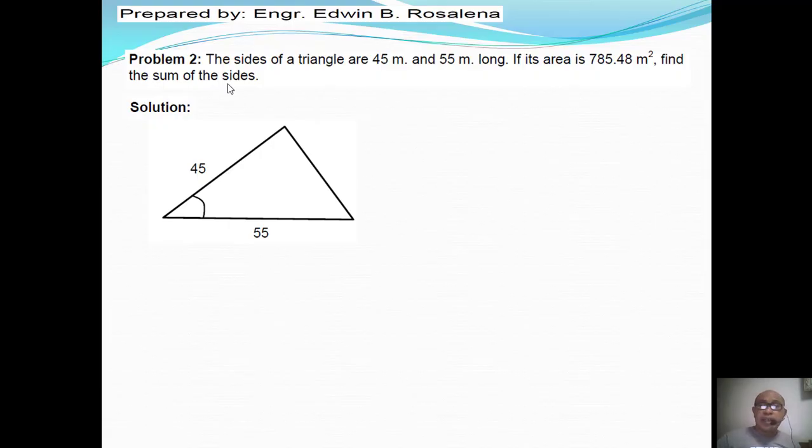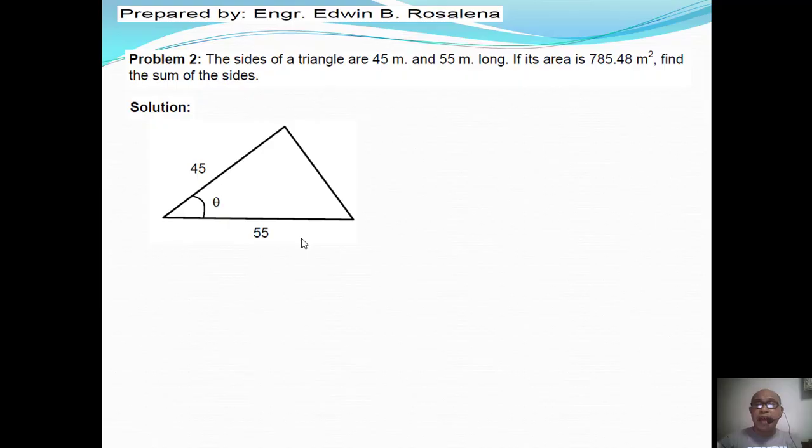So recall that if we are given two sides and included angle, we can solve for the area of the triangle. So for the given here, since we are given the area and we do not know this included angle between the two sides 45 and 55, it is being reversed.